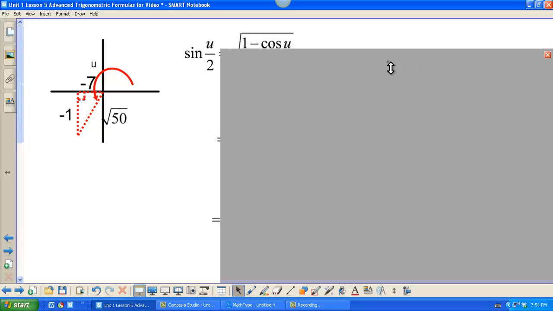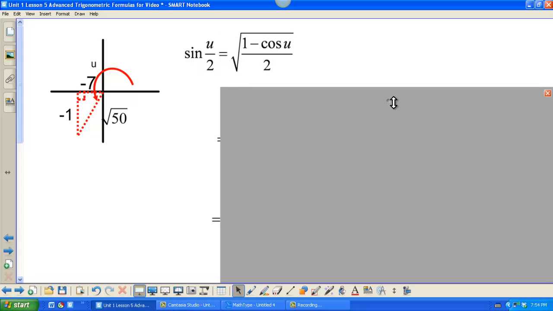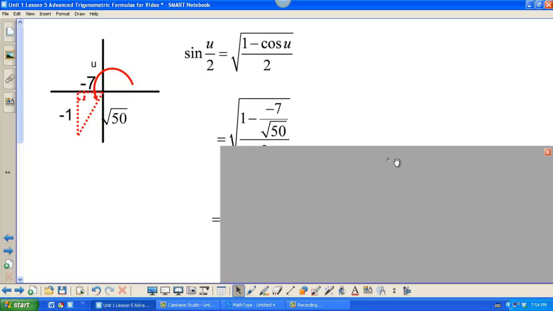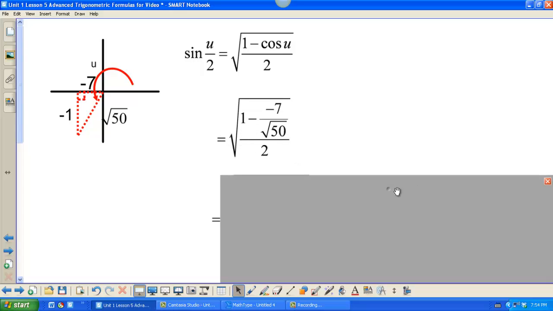The half angle formula for sine is equal to the square root of 1 minus cosine u over 2. And remember that the half angle lies in the second quadrant, therefore the sine is positive. So the cosine of u would be the adjacent over hypotenuse, so that would be a negative 7 over root 50.